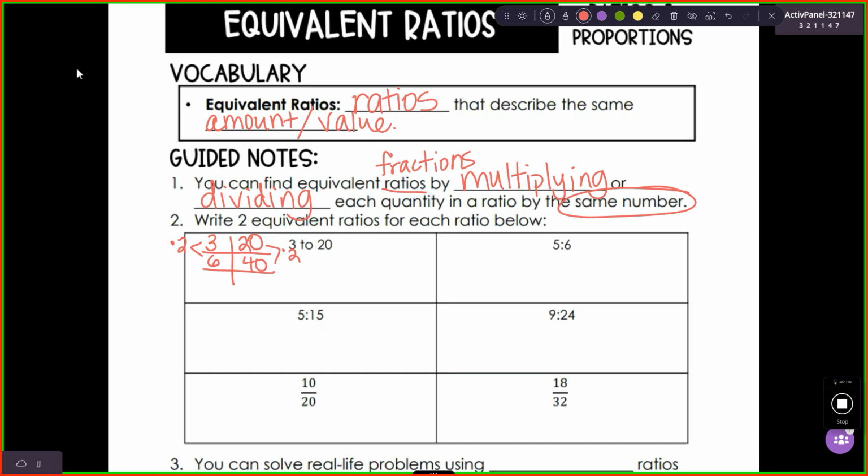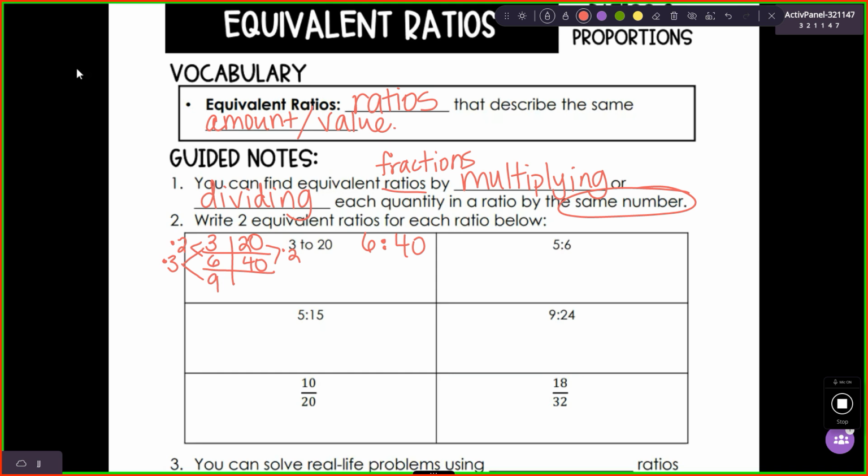Okay, I created another ratio, 6 to 40. How many did it ask for? 2. It asked for 2 of them. So here we go. 3 times 3, 9.